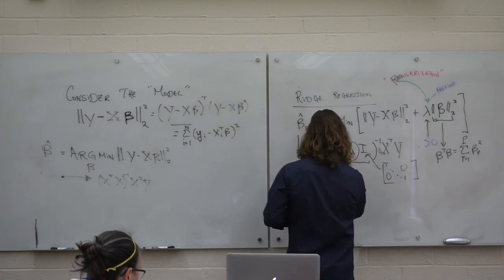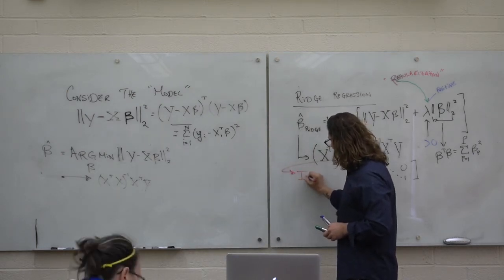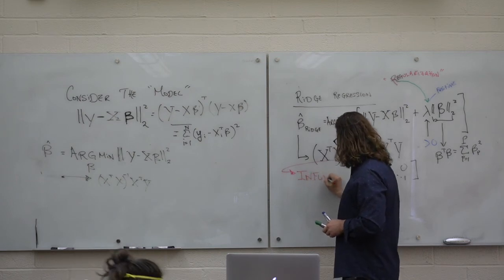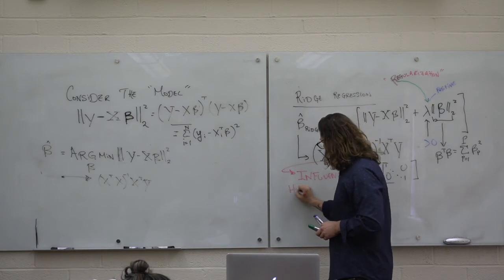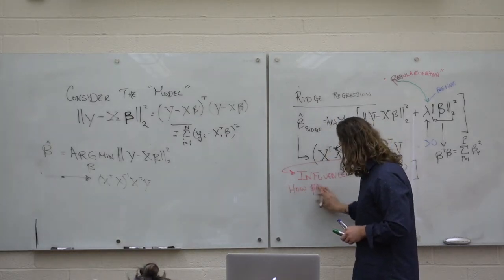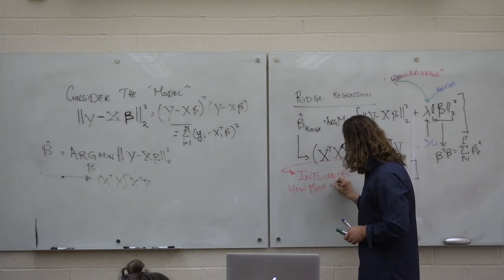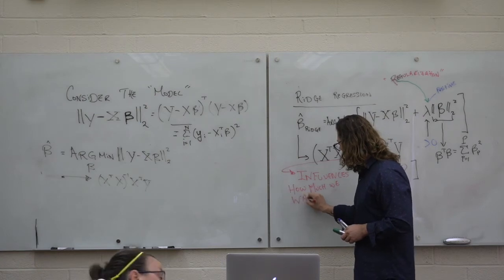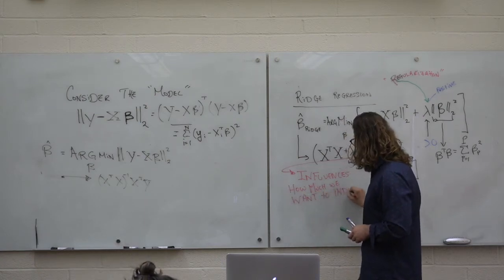And what does it mean? So this is an influencer, I'll say. It influences how much we want to induce zeros in our model.